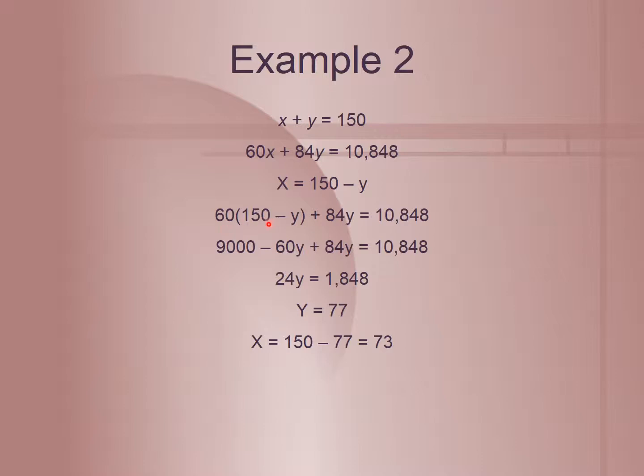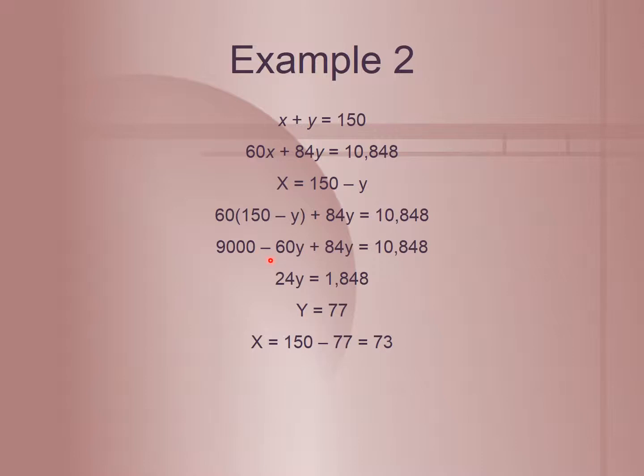So now distribute. 60 times 150 is 9,000. 60 times negative Y is minus 60Y. And then I still have the plus 84Y equals 10,848. So now I'm going to subtract both sides by 9,000. Okay, and then 10,848 minus 9,000 is 1,848.